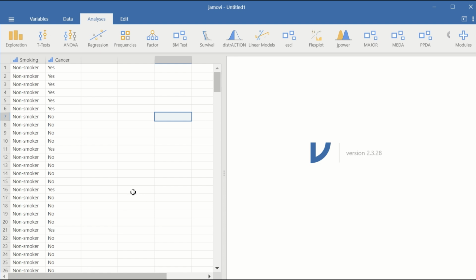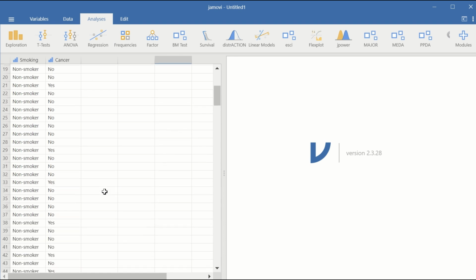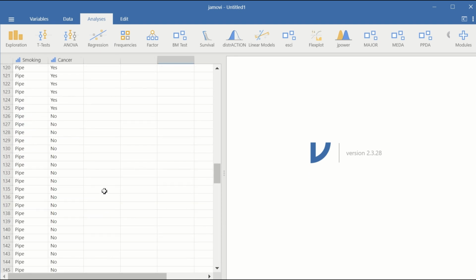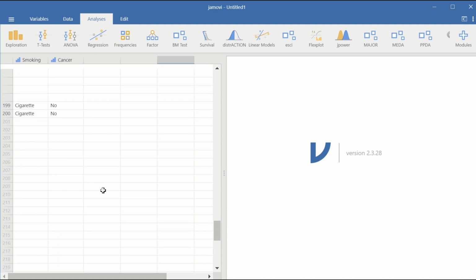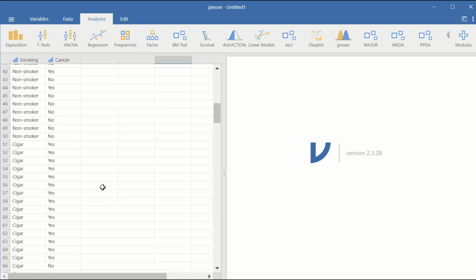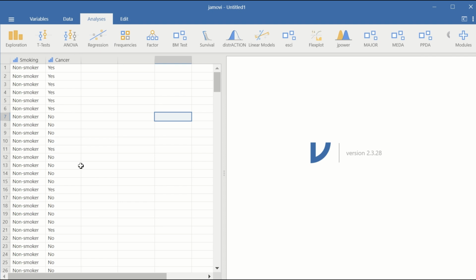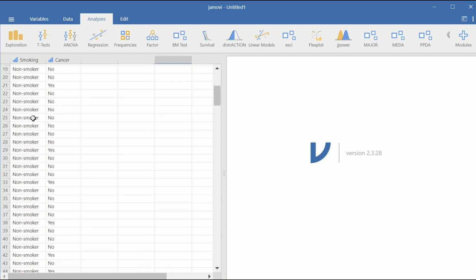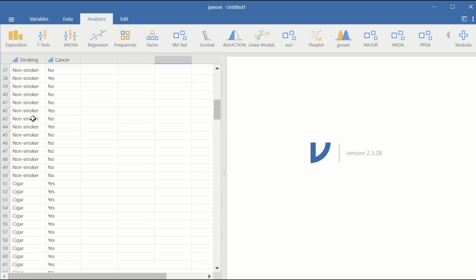Here in the JAMOVI datasheet, I have inserted 200 cases as shown in this window. There are two variables. The first one is smoking and the second one is cancer. The smoking variable is a categorical variable as it has four levels in it. The first level is non-smoker.